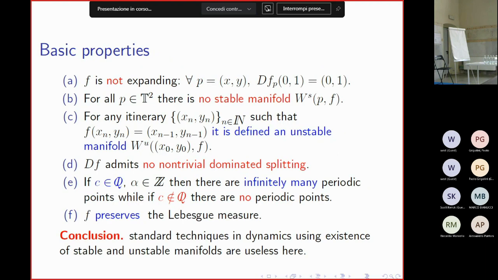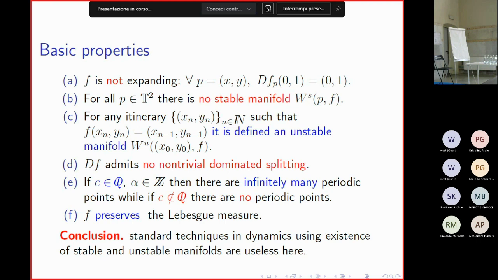Basic properties are that this map is not expanding, because for any point that you take, the derivative is just 0, 1. For all p in the torus, there is no stable manifold, and for any iterate, the image is defined on an unstable manifold.